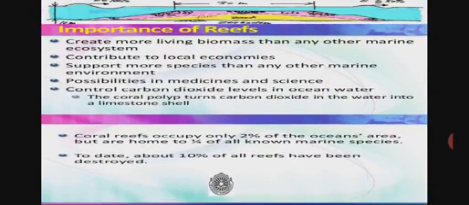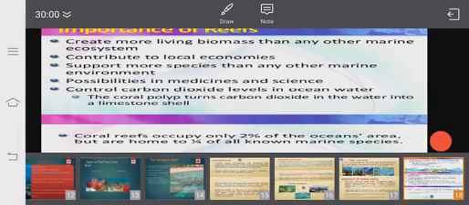Coral reefs occupy only 2% of the ocean's area but are home to nearly one-fourth of all known marine species. And to date, about 10% of all reefs have been destroyed by humans or other natural factors.